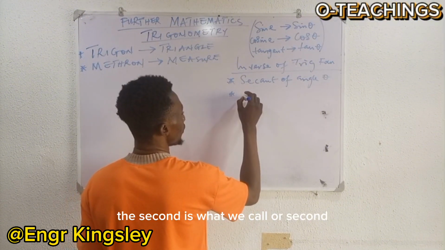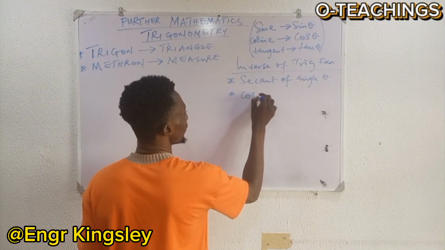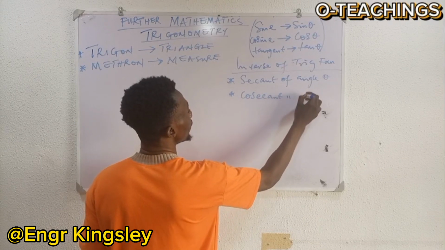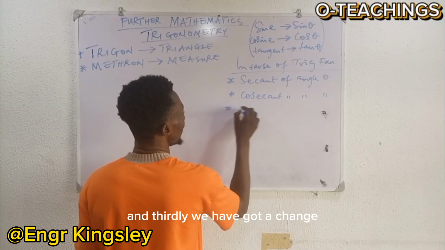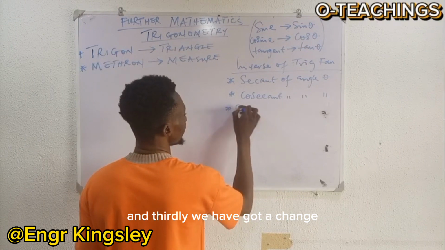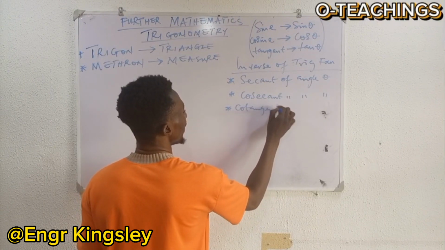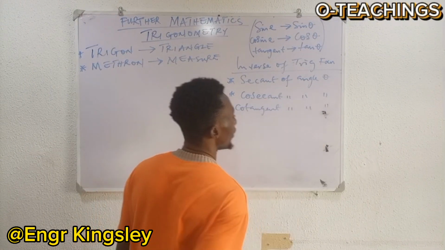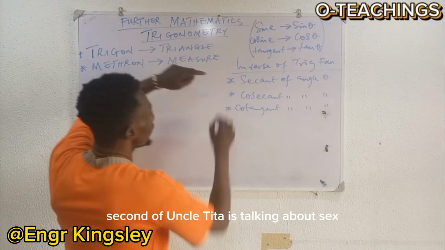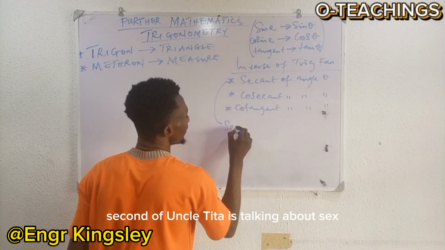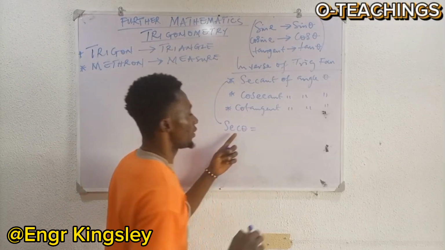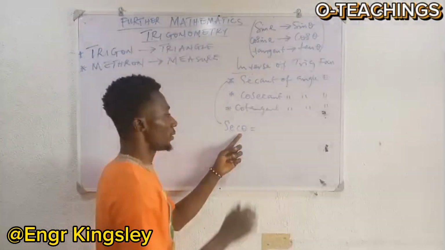The second is the cosecant, and thirdly we have the cotangent of angle theta.